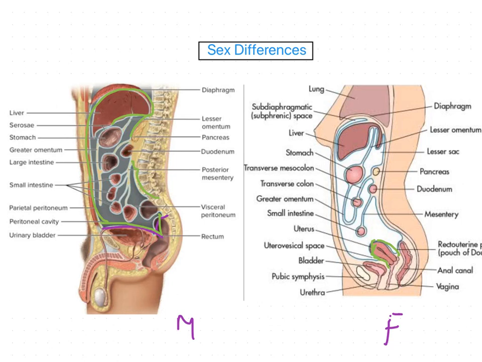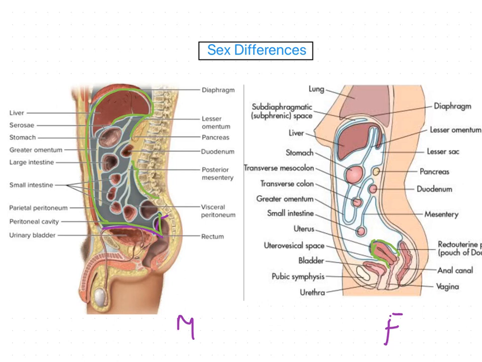Some other features we can see in the female peritoneum: one is that the peritoneal cavity communicates with the exterior through the uterine tubes, uterus and vagina.